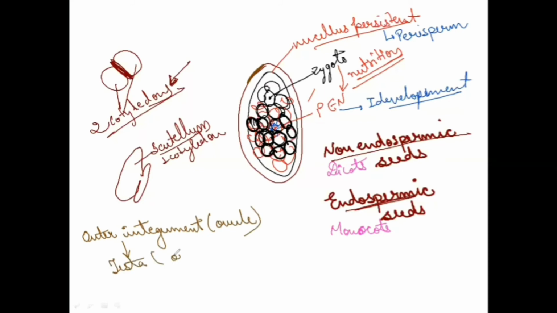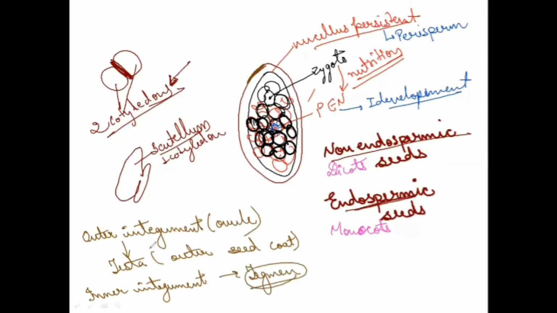Testa is the outer seed coat because the ovule is converting into seed. So integuments will convert into seed coat and outer seed coat is known as testa, whereas inner integument is known as tegmen.